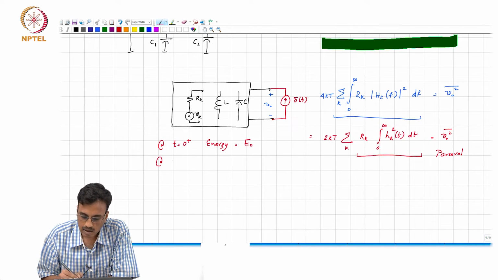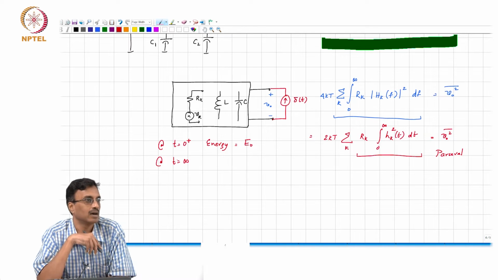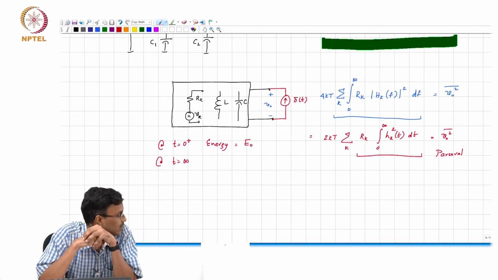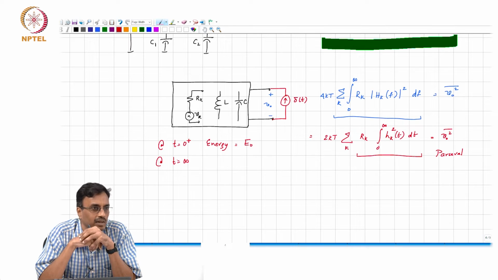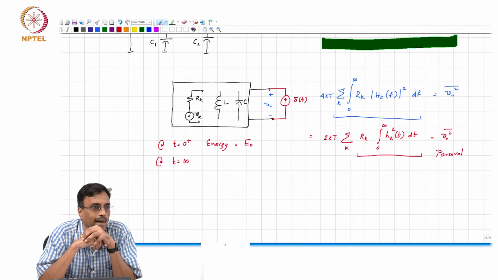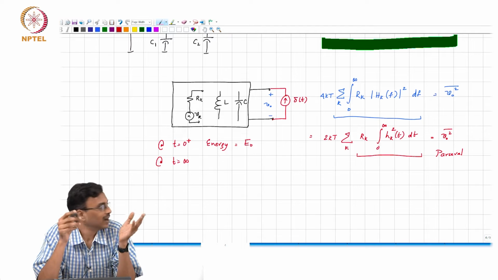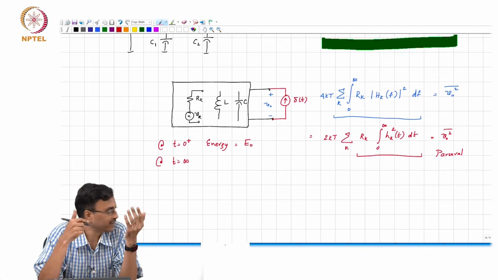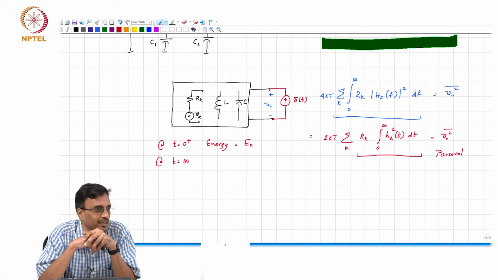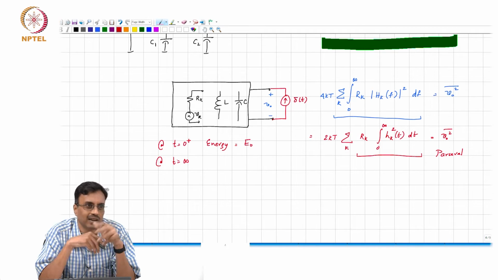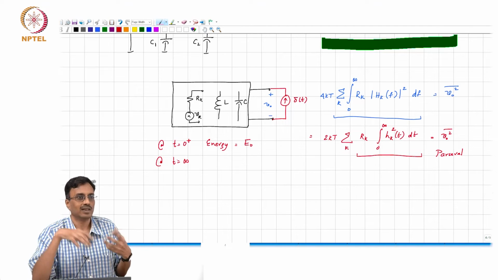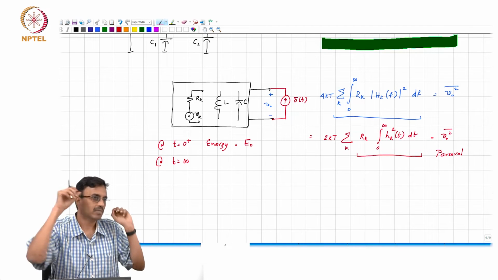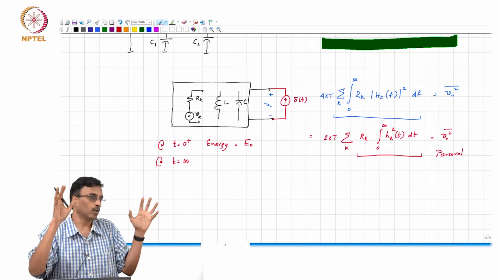Now, at t equal to infinity, what comment can you make about the capacitors? Well, it is not necessary that they be discharged, but there will be some redistribution. I will show you examples where the capacitors need not be discharged. The impulse has come, charged up some capacitors to some voltage and gone.